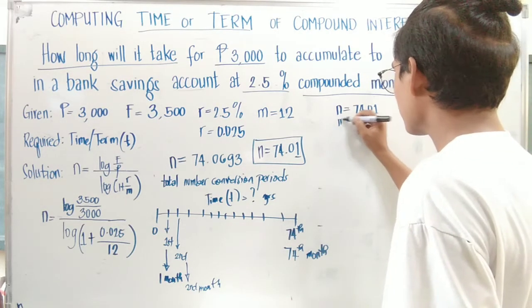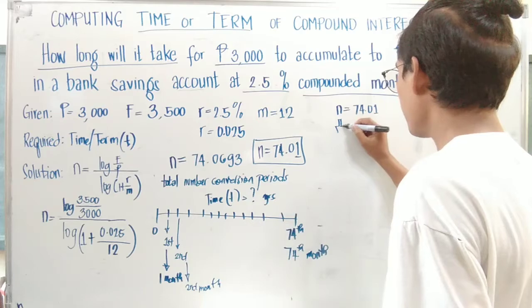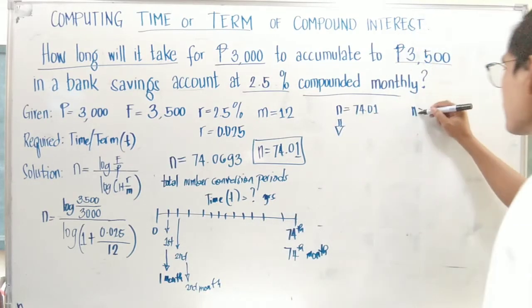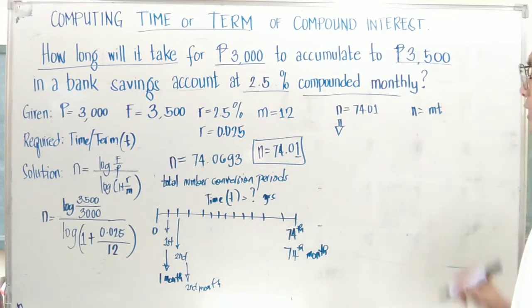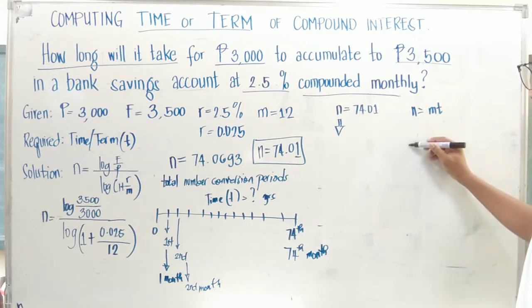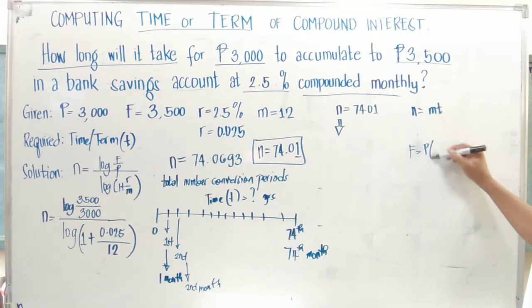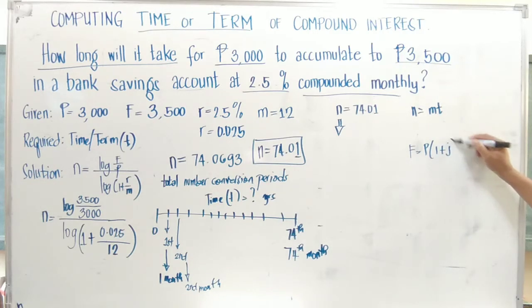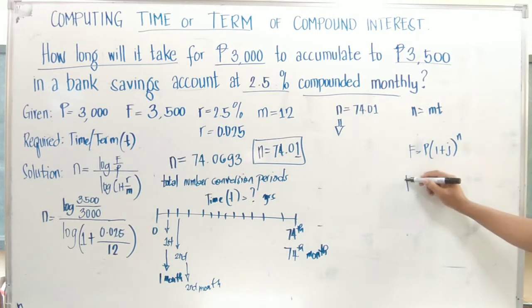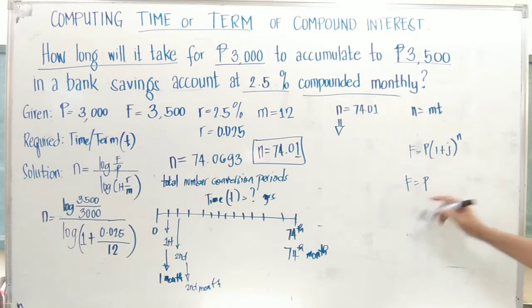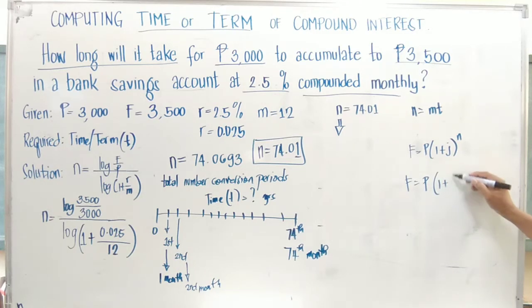So n, going back, n is equal to m times t. From your equation, F equal to P times 1 plus j raised to n, or shall we say F is equal to P times the quantity of 1 plus r over m raised to mt. So n is equal to mt, right?